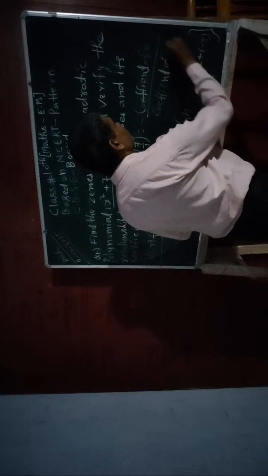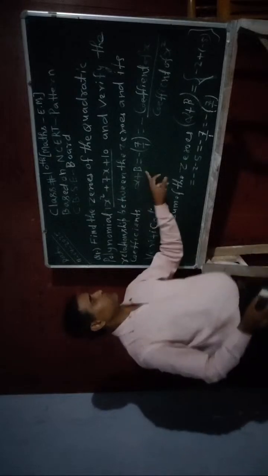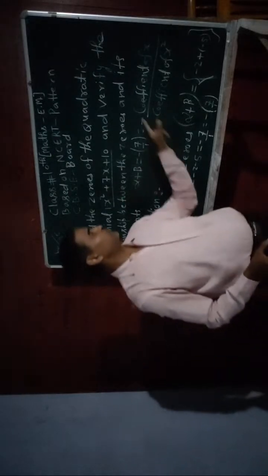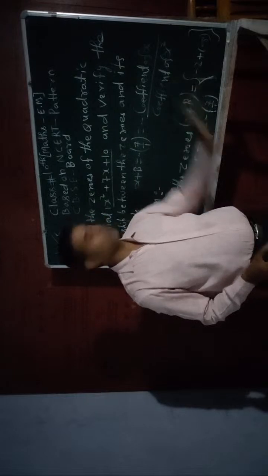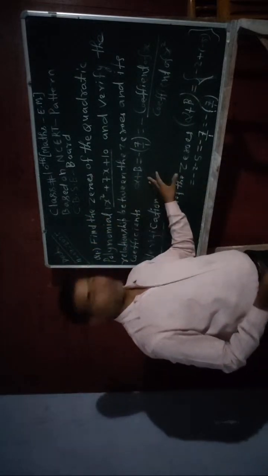So alpha plus beta is equal to minus coefficient of x divided by coefficient of x square. Okay, so this information is okay.